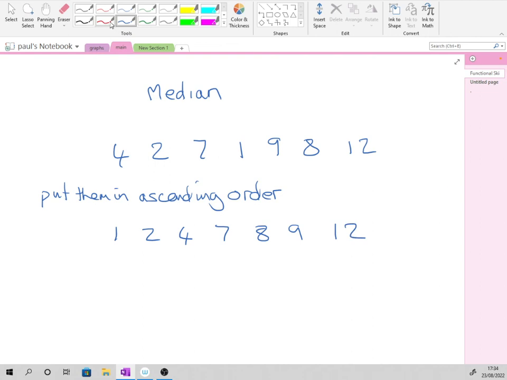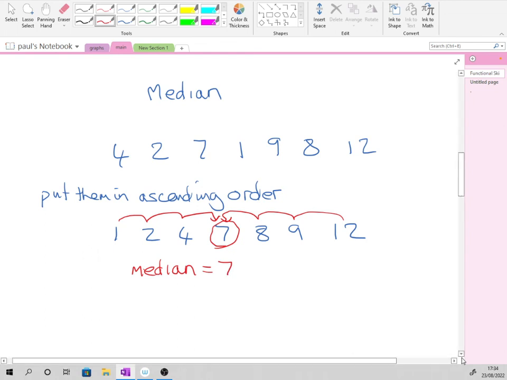Now the first way to do it is just go from the outside, 1, 2, 3, and 1, 2, 3. So this then becomes the median because it's the one in the middle value.